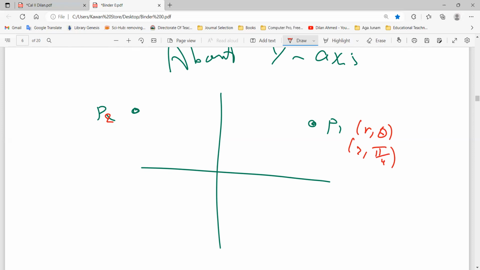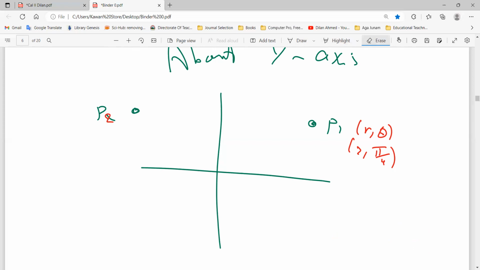Minus 2, minus pi plus pi over 4. Minus is coming to here. That one is coming to here. Think it easy, we saw that before.